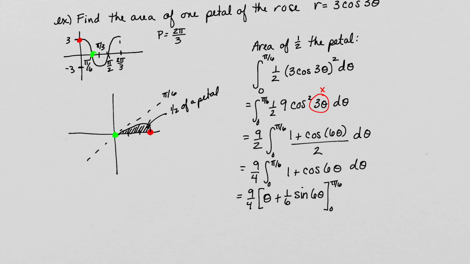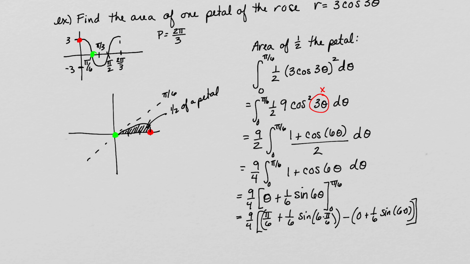And so now I just have to plug in here. So we're going to have 9/4 times pi over 6 plus 1/6 the sine of 6 times pi over 6, minus 0 plus 1/6 the sine of 6 times 0.